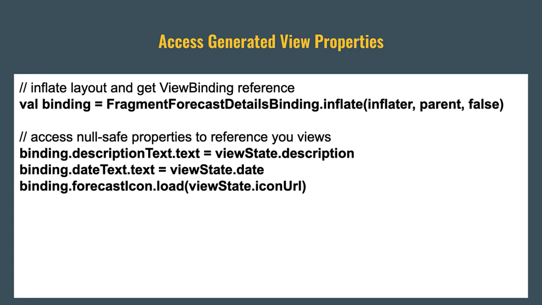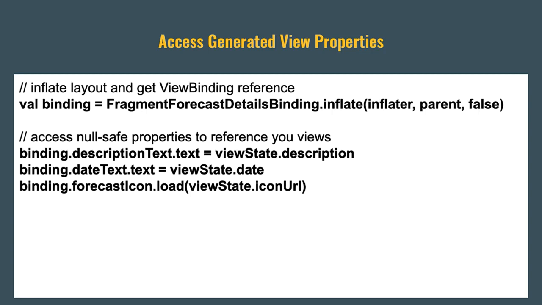So instead of fragment_forecast_details.xml, we get a binding class called FragmentForecastDetailsBinding. We can then inflate that binding very similarly to how we would inflate a fragment layout anyways. We call inflate, we pass in the layout inflater, the parent container, and false generally because we don't want to add it to the parent automatically.